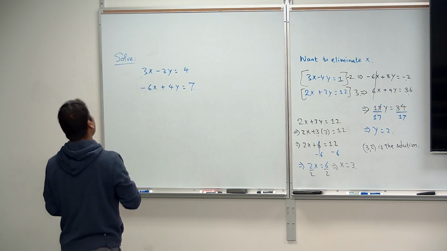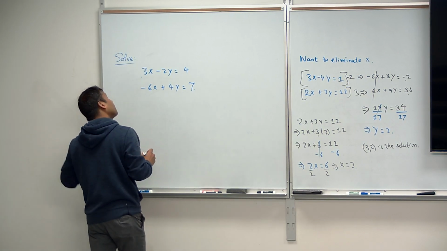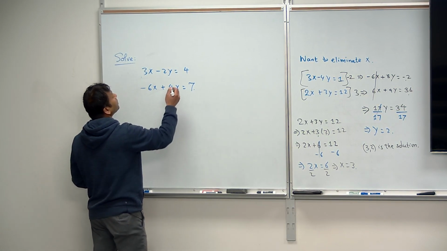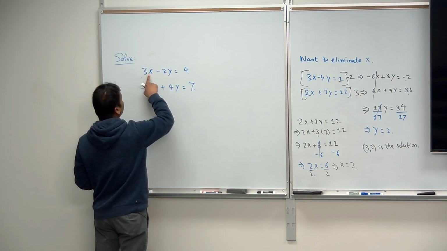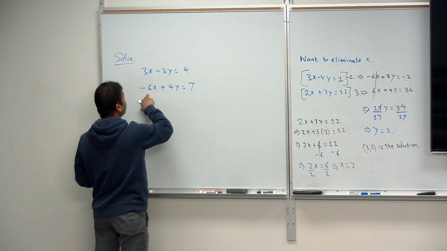So if you want to eliminate, let's say you want to eliminate the variable x. How do you eliminate variable x? Variable x has the coefficient 3 here, and it has a negative 6 here.